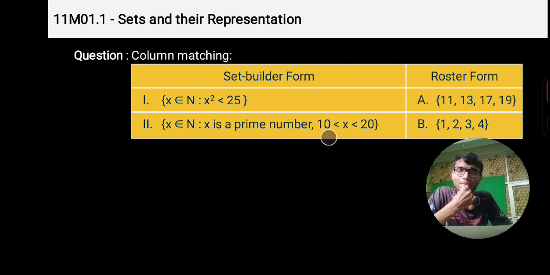Here we will start above 10 and stop below 20. So 11, 13, 17, 19, all these. So this is for this. All these are in set builder form and all these are in roster form.